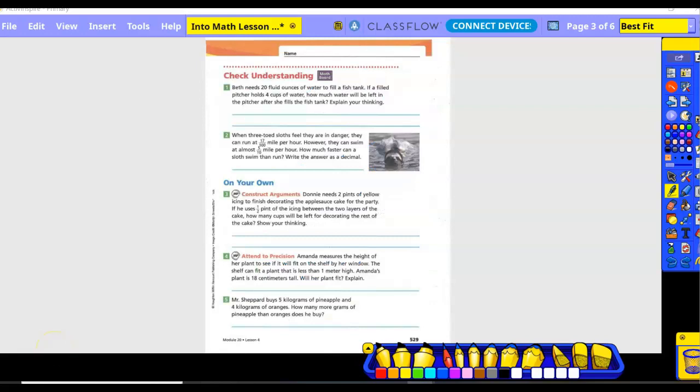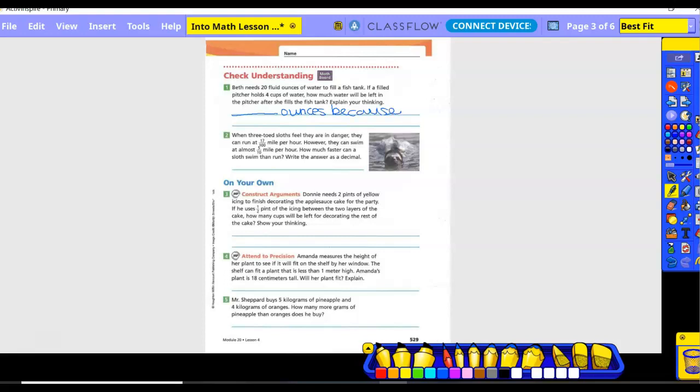Understanding number 1. Beth needs 20 fluid ounces of water to fill a fish tank. If a filled pitcher holds 4 cups of water, how much water will be left in the pitcher after she fills the fish tank? Okay, so we're going to say blank, and then are we going to have cups or ounces left? Ounces, right?